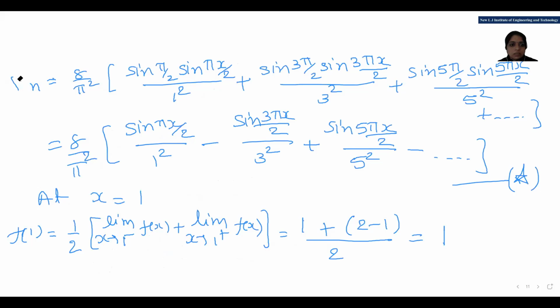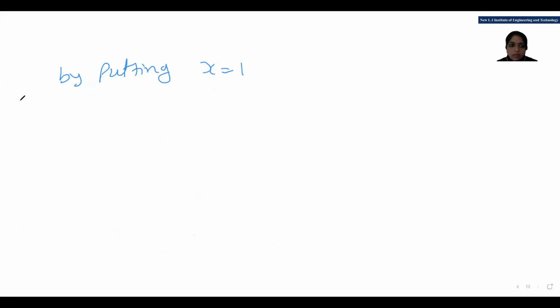If I put x is equal to 1, here f of 1, and f of 1 is 1. So by taking 1 on both sides, here I have f of 1.